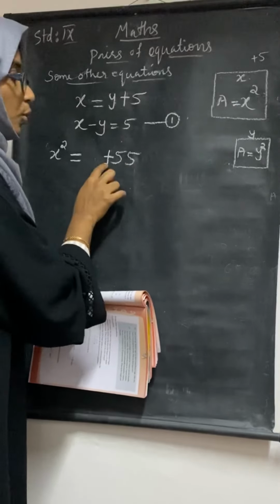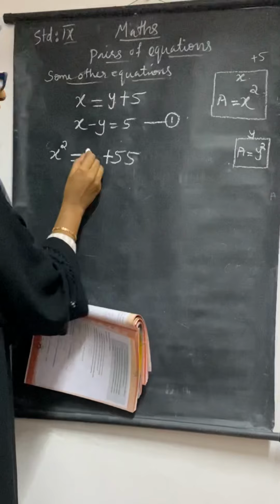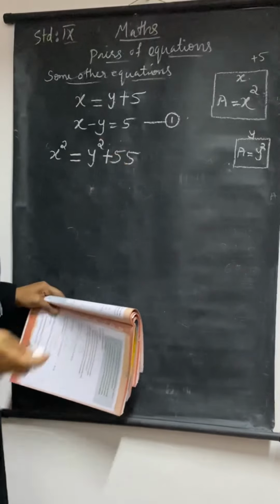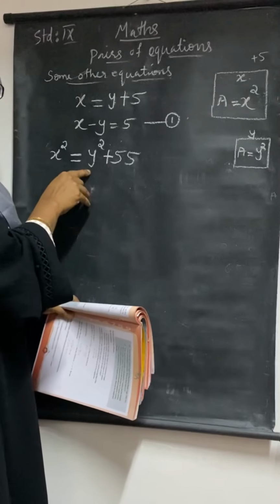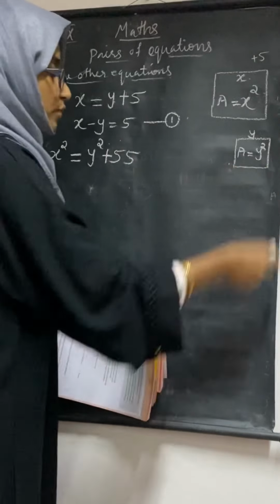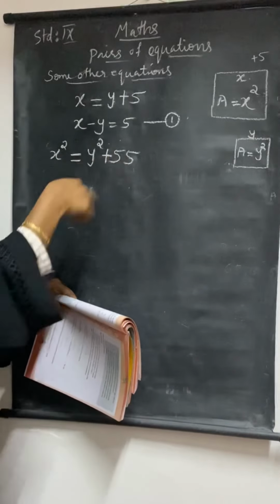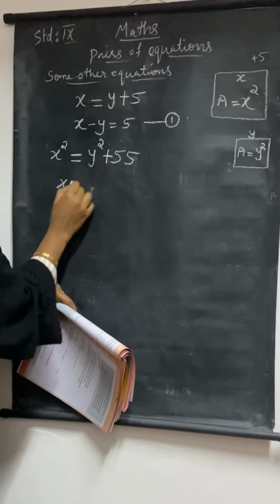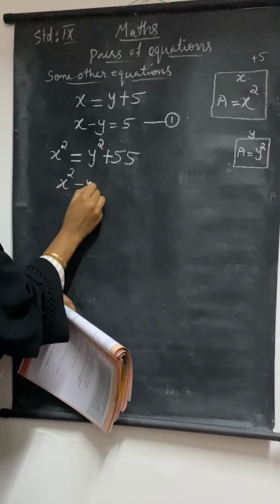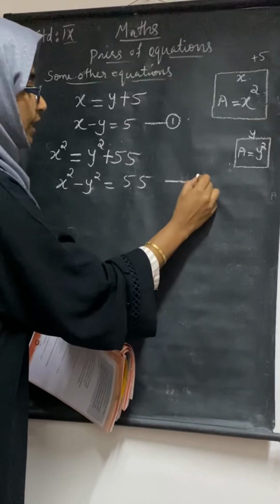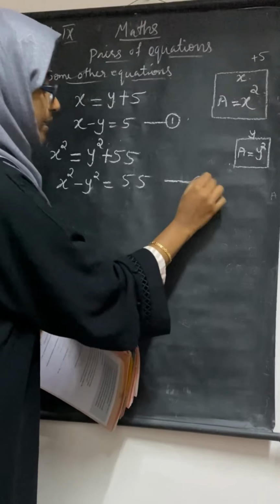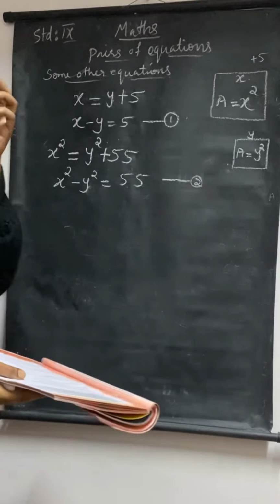Then the smaller area is y square. In the same way we have to bring all the alphabets together. So x square, bringing y square here, minus y square is equal to 55 keeping it here. So this is equation 2. This I made equation 2.